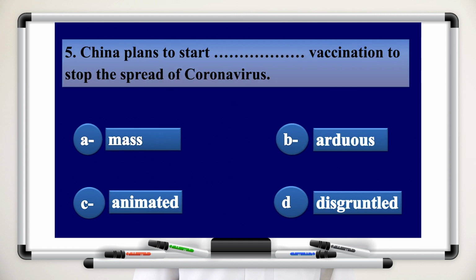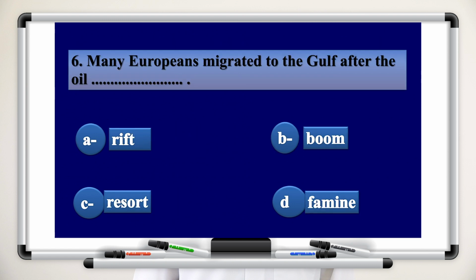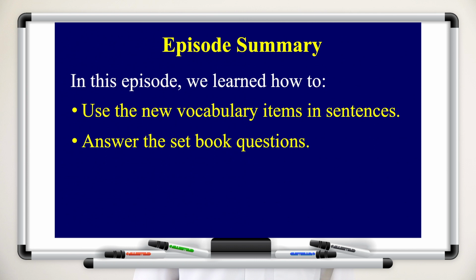China plans to start vaccination to stop the spread of coronavirus. Mass vaccination, a large number. Number 6. Many Europeans migrated to the Gulf after the oil... what did we say meant a sudden increase in something? Boom.